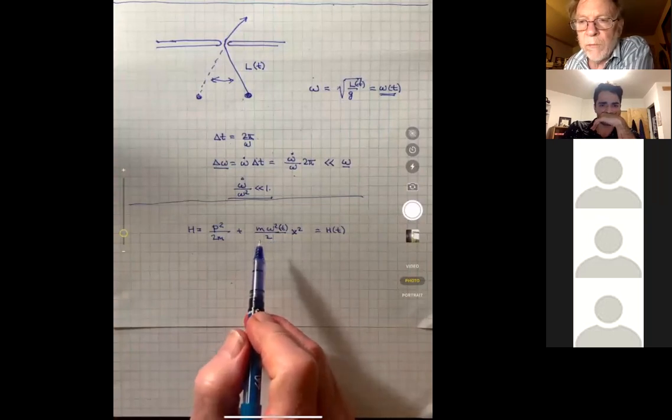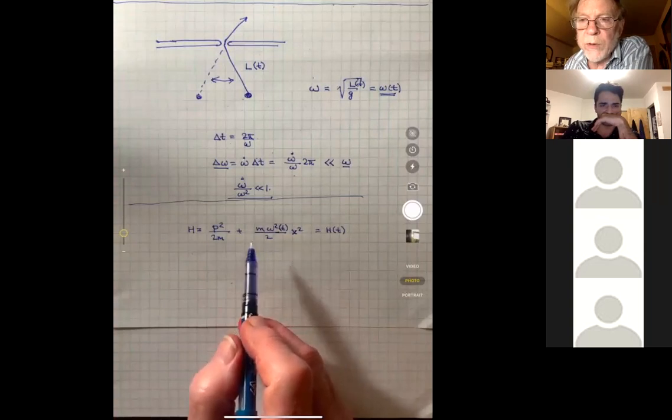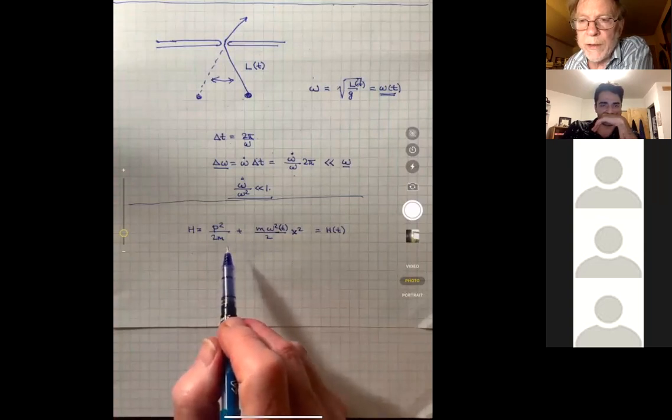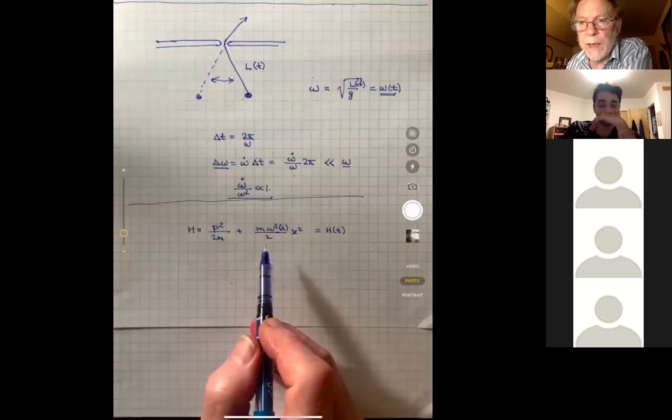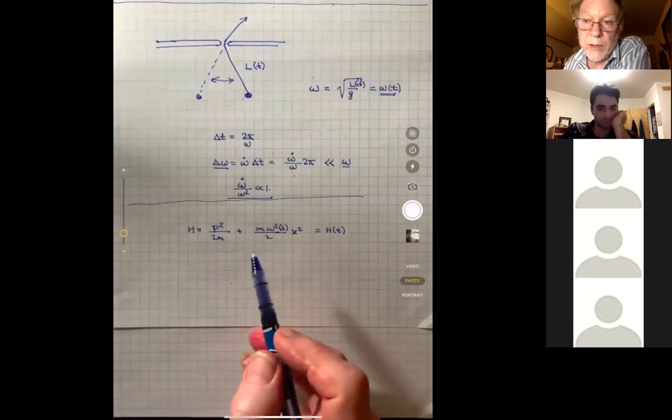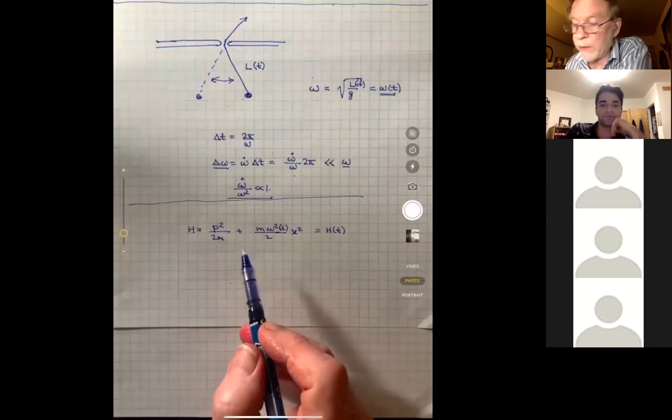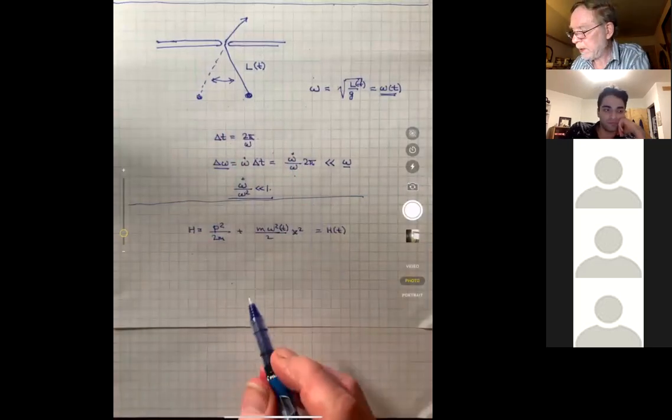If we look at the frequency at one time, then it just has some value and it doesn't change very fast. So that gives us what you might call a frozen Hamiltonian at that particular time, which is just an ordinary harmonic oscillator. That harmonic oscillator has a certain energy, swinging with a certain energy.